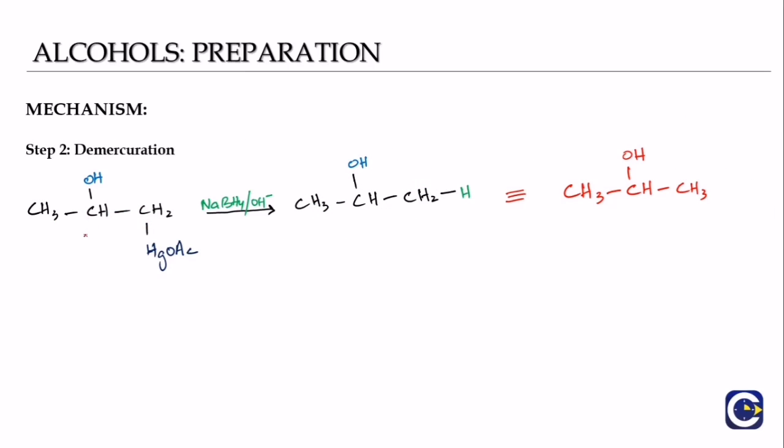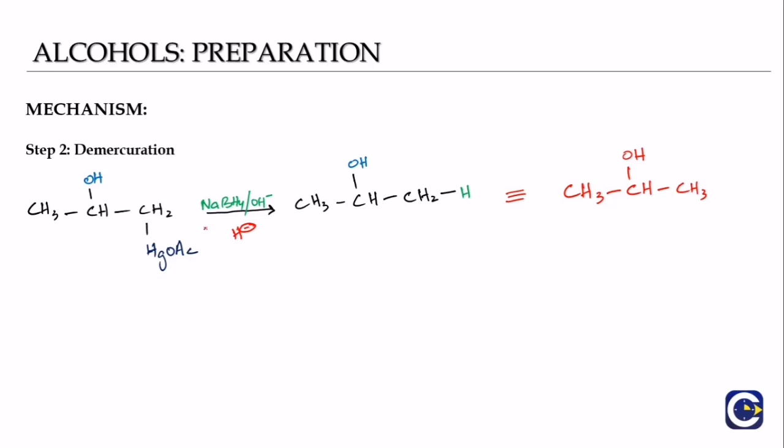And in this step, we reduce our product by adding sodium borohydride as the reducing agent. From this sodium borohydride, we actually get H negatives. When there is a negative charge on hydrogen, it's called hydride.